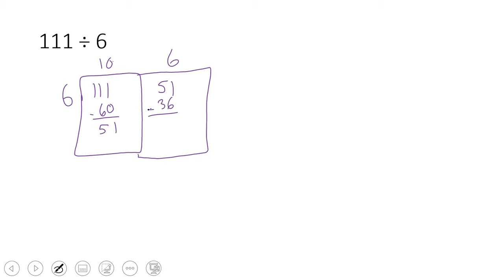And 51 minus 36, let's see here. The 5 needs to become a 4, and the 1 can become an 11. 11 minus 6 is 5. 4 minus 3 is 1. I get 15. Okay. 15 is greater than 6, so I add another box. 15 goes on the top.